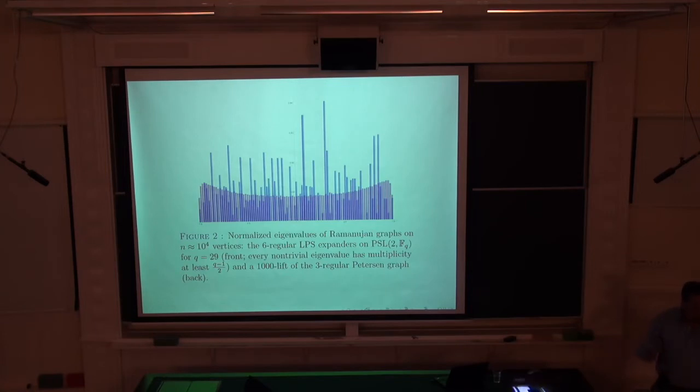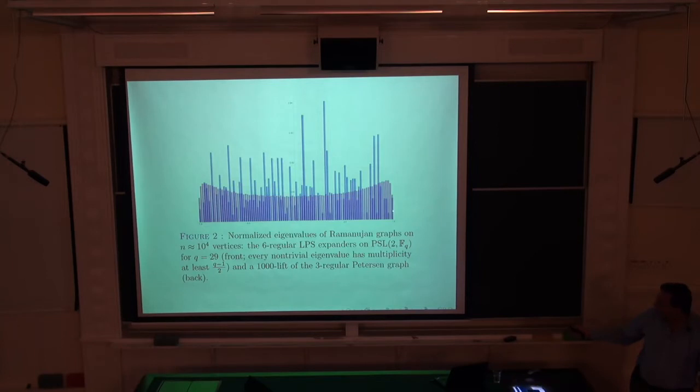All the other eigenvalues are in the interval between plus and minus 2 root d minus 1. We take this interval and normalize it, so this minus 1 and 1 you see here represents 2 root d minus 1. The height of the histogram represents the multiplicity of the eigenvalue, and just focus on the dark blue for now.